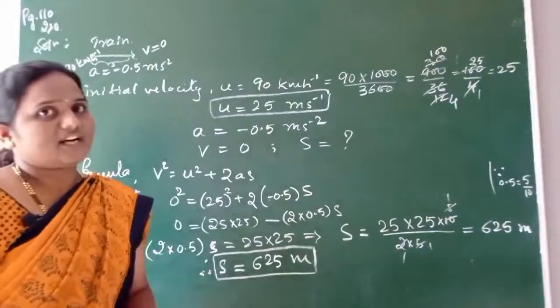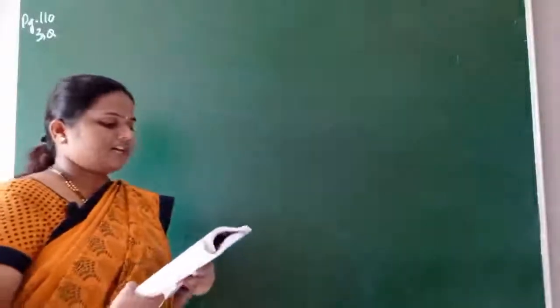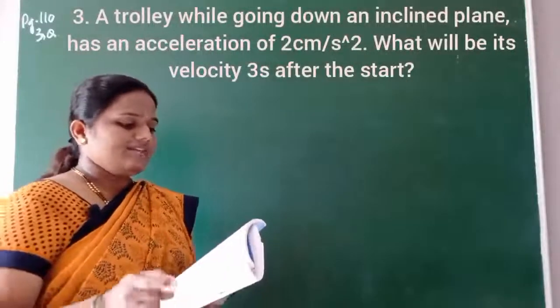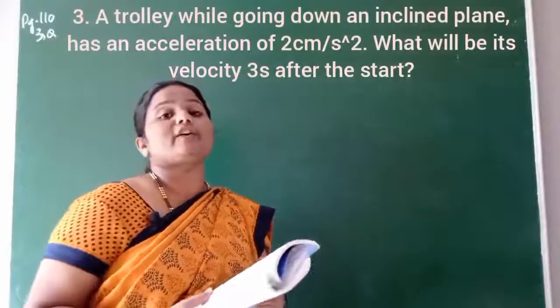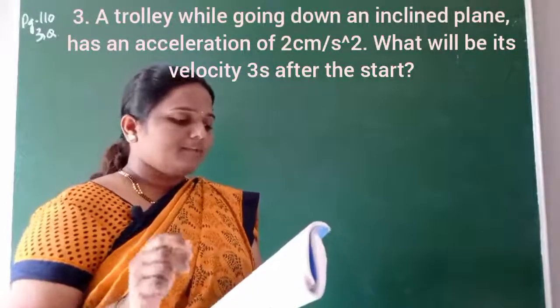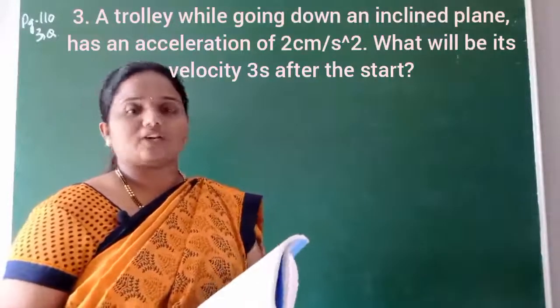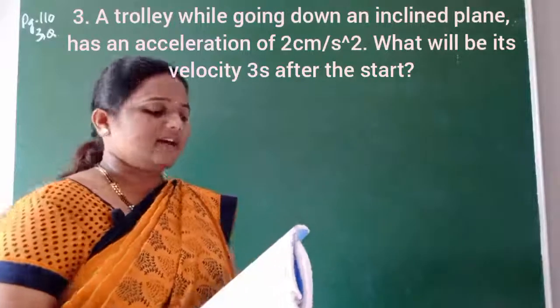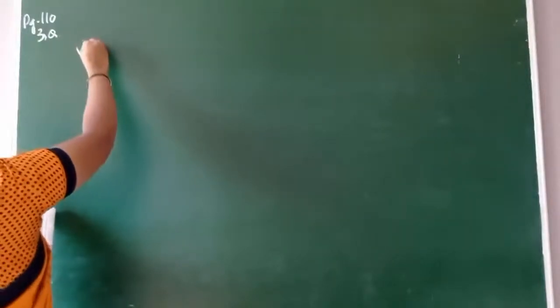Is it clear, children? Okay, now we will solve another problem. Children, the third question. A trolley while going down an inclined plane has an acceleration of 2 centimeter per second square. What will be its velocity 3 seconds after the start? The question is very simple, children. Here, a trolley is going down an inclined plane. Let us imagine this is an inclined plane.